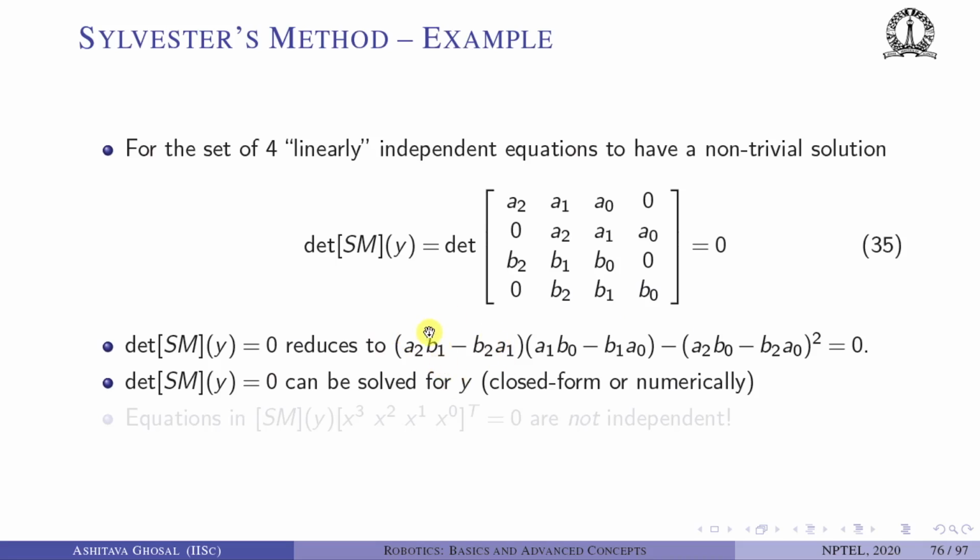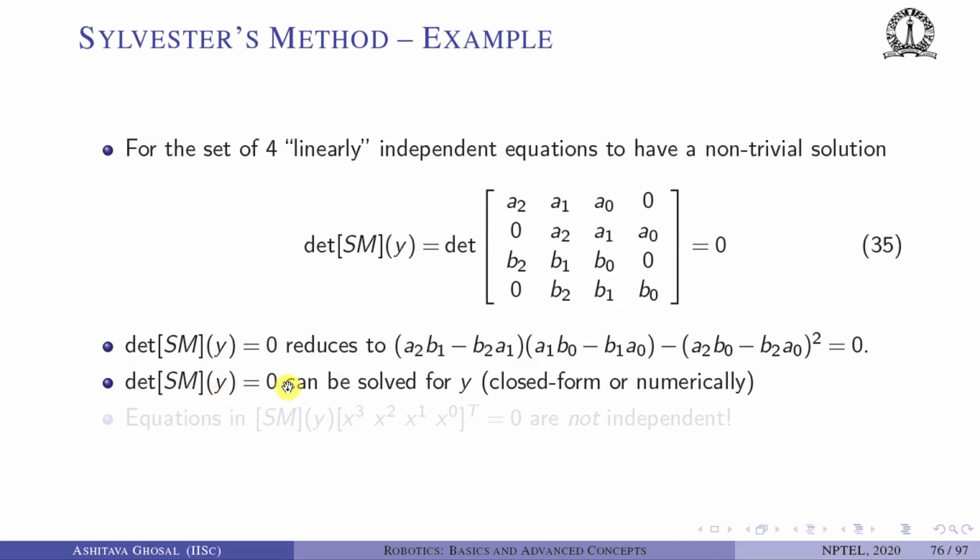It reduces to this expression: (a2b1 minus b2a1) into (a1b0 minus b1a0) minus (a2b0 minus b2a0) square equal to 0. Remember all the a's and b's are constants or functions of y, so the determinant of Sm equal to 0 is only a function of y.